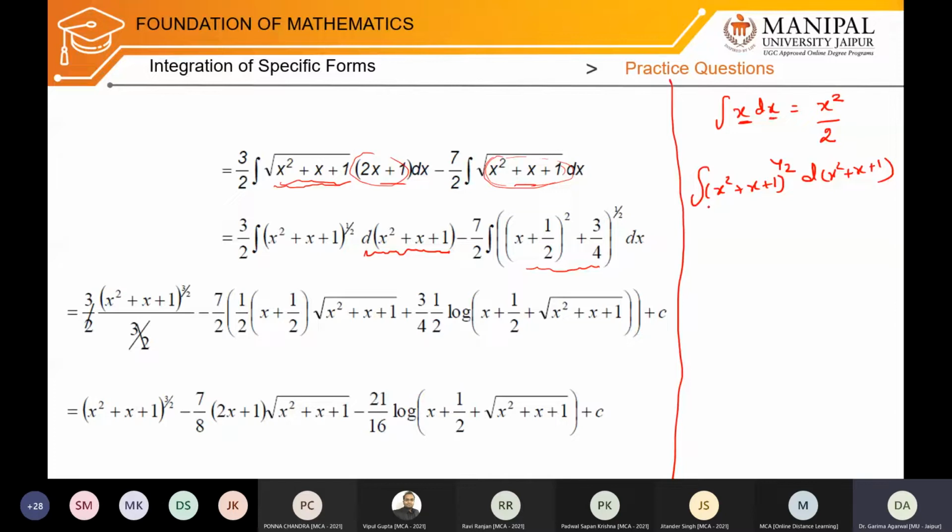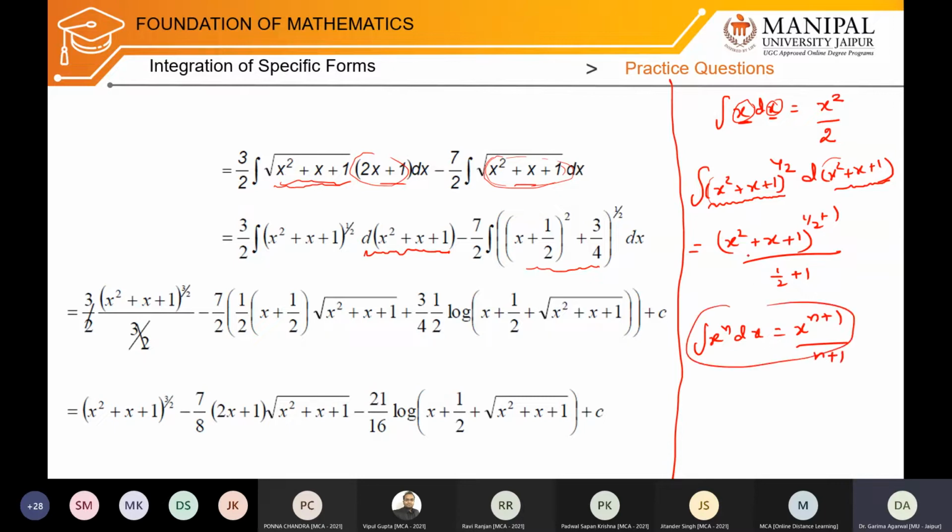Here both the terms are x and here both the terms are x square plus x plus 1. So it is (x square plus x plus 1) whole power (1 by 2 plus 1) upon (1 by 2 plus 1). This is the formula for the integration of x raised to n.